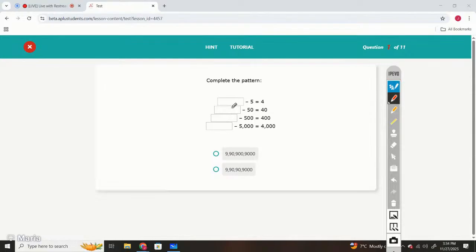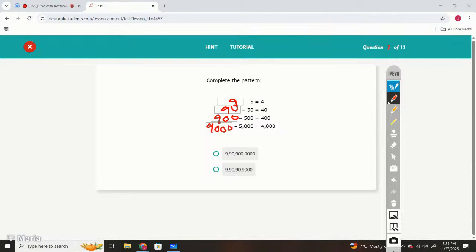That is 9 take away 5 is 4. 90 take away 50 is 40. 900 take away 500 is 400.